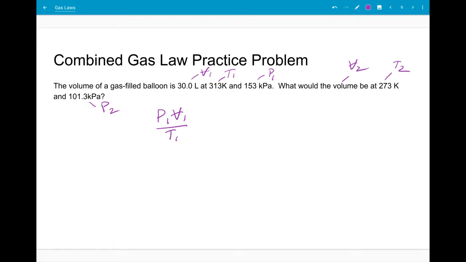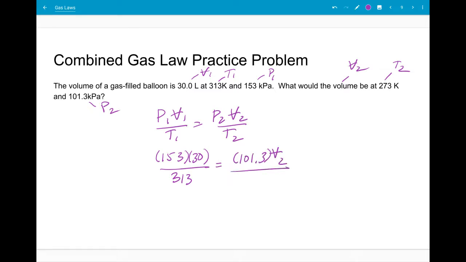What I find with these particular kinds of problems is people are really good at making a math error, especially in the calculator. It's very easy to do. So just be careful inputting things in, double checking those numbers, and making sure you put them in the correct location. So when I solved this one out, I found it to be 39.5 liters.